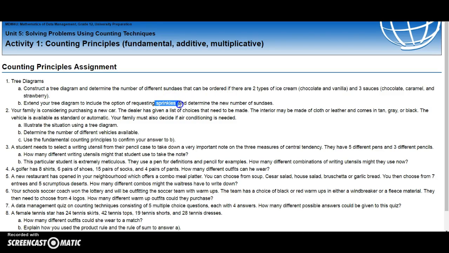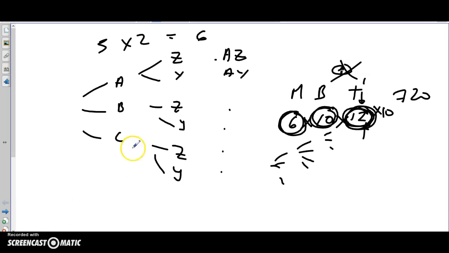And then sprinkles. So here's a good question.